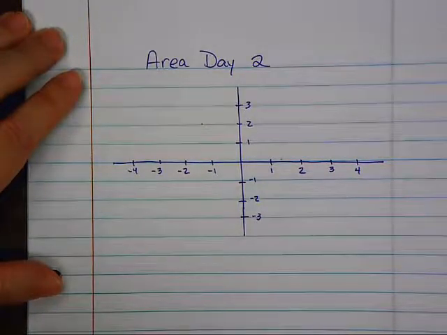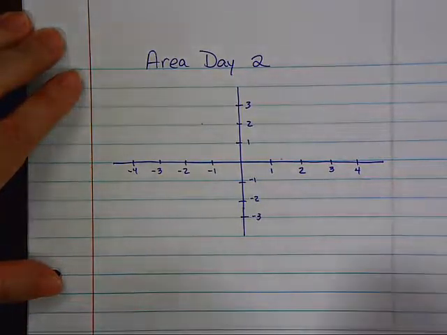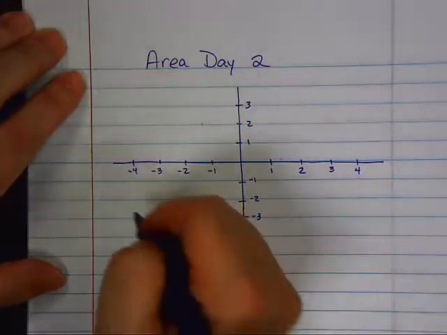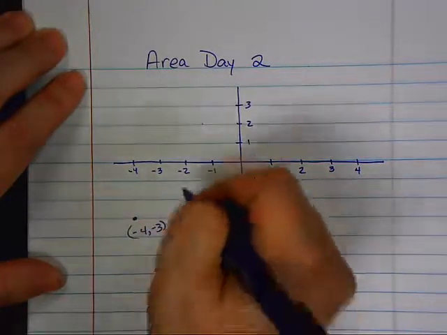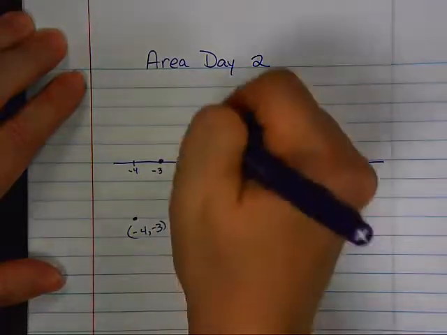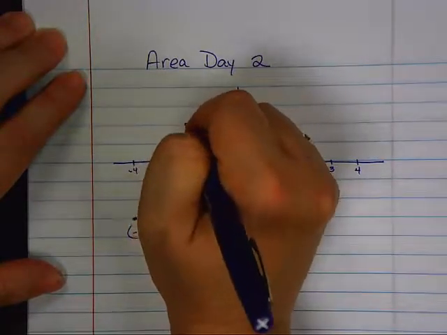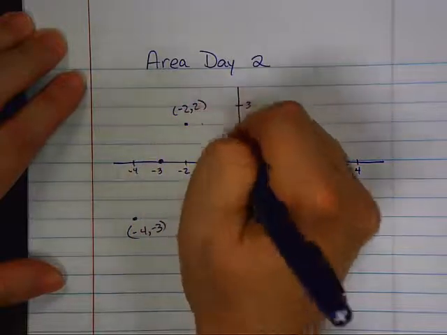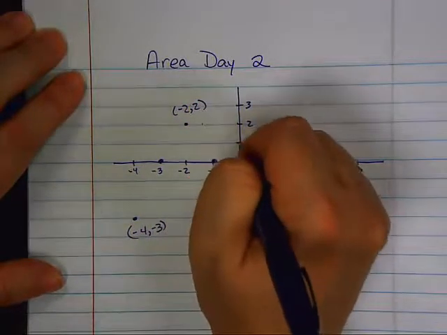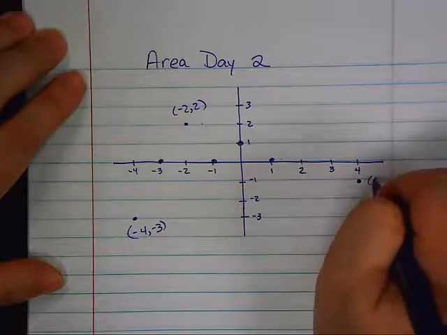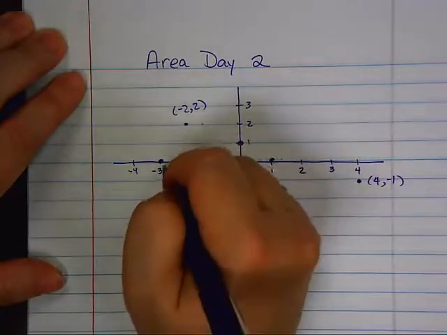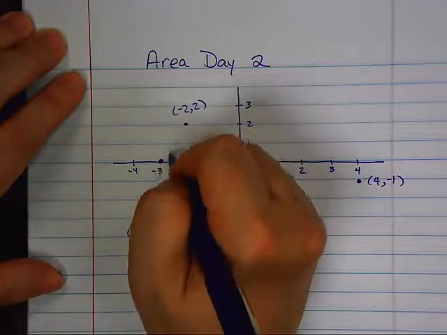Any point that is not on an axis, I'm going to label so that you know exactly where it is. We're creating a piecewise function here.